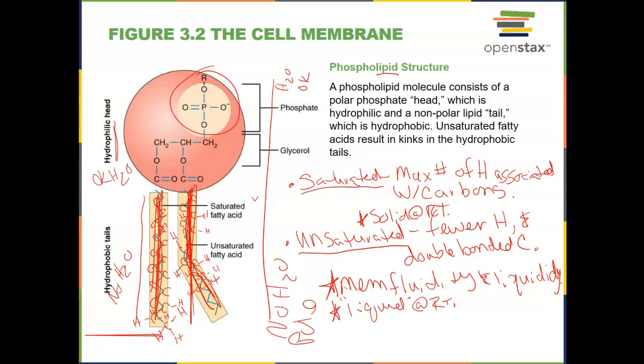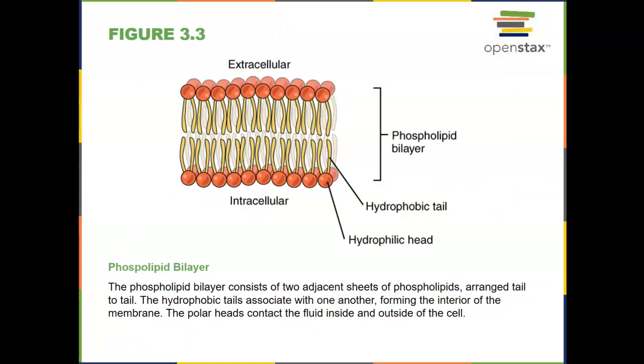Why is this important for a cell membrane? Cell membranes have two layers of fat. We call it the phospholipid bilayer. This region down here with the fatty acid chains is hydrophobic, so there's no water there. On the outside, on the extracellular side, there's water, right? We have water in our tissues.